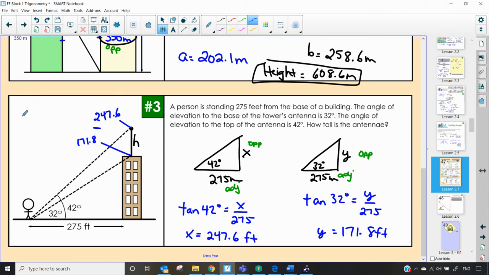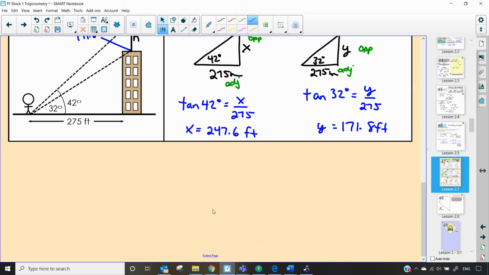So our difference, or our height actually, the height of our antenna is 247.6 minus 171.8 gives us 75.8 feet.